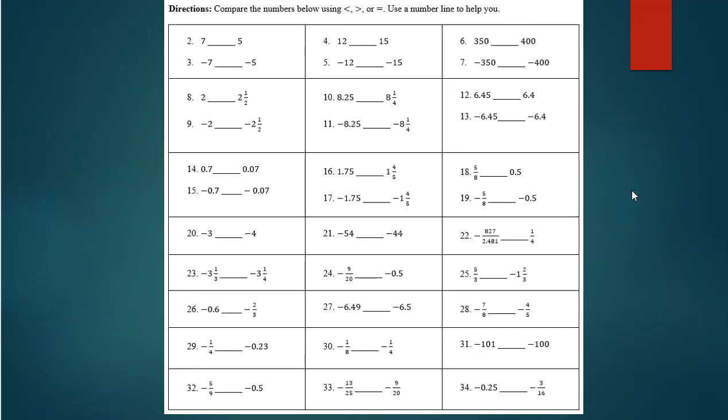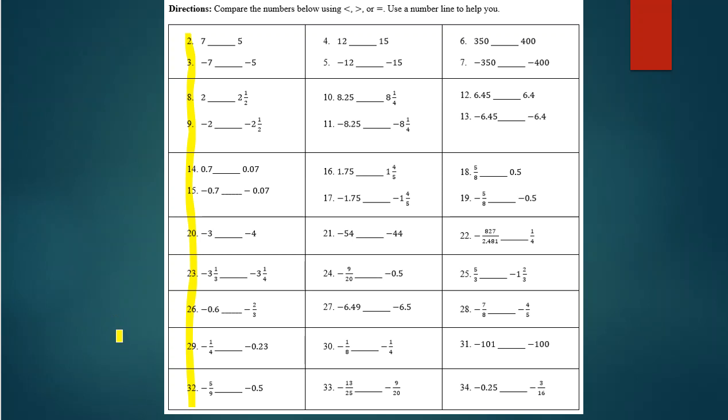What I want you to do is do this first column right here. Then I want you to check and see if you got all of them right. If you got all of them right, you are ready to move on to your assignment that is comparing rational numbers.